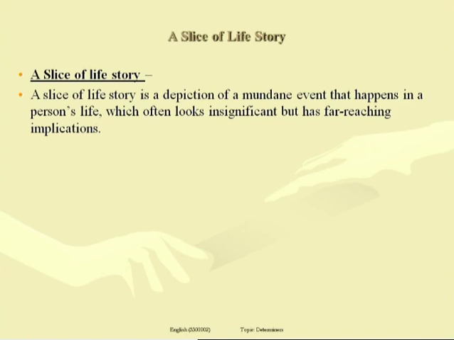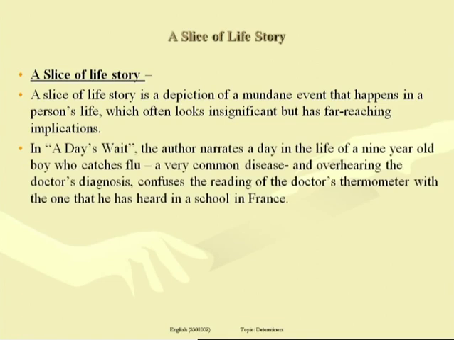Now this particular short story, A Day's Wait, can be called a slice of life story. How? In A Day's Wait, the author narrates a day in the life of a 9-year-old boy who catches flu, a very common disease. Mundane incidents, and overhearing the doctor's diagnosis, confuse him: he mistakes the reading of the doctor's thermometer for the one that he has heard of in a school in France.